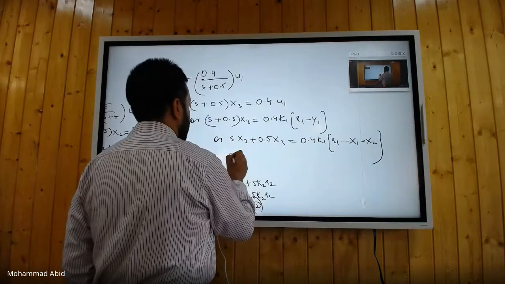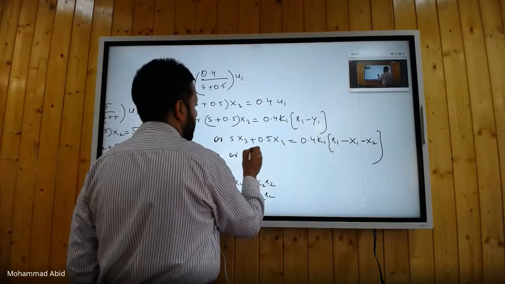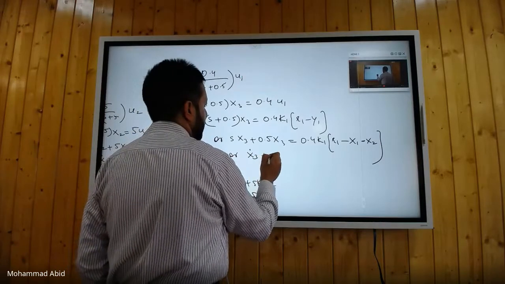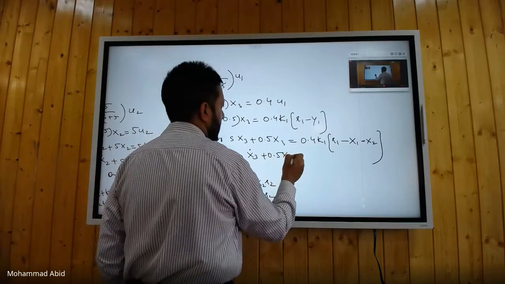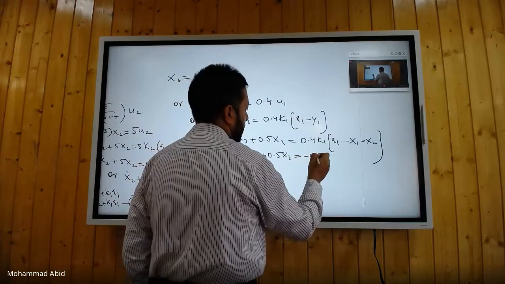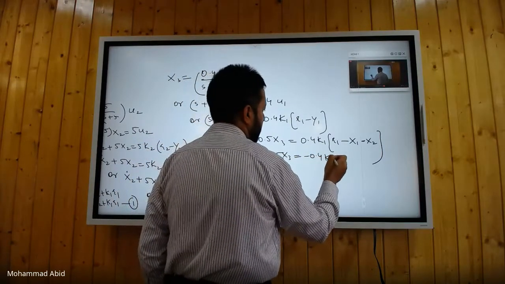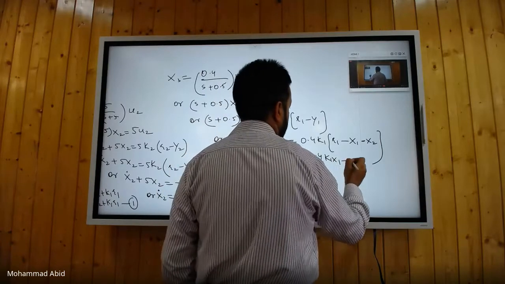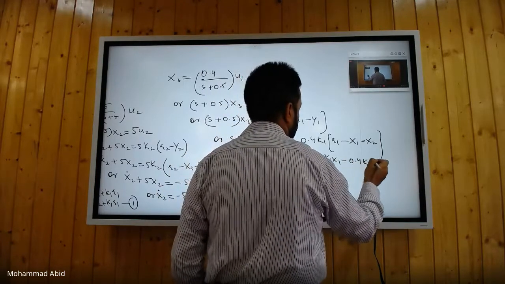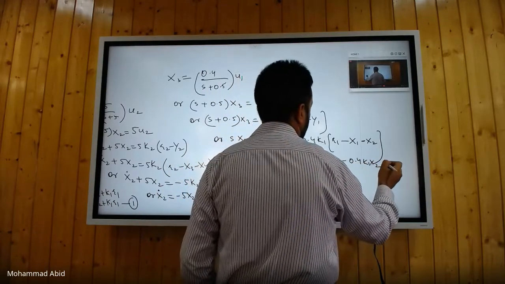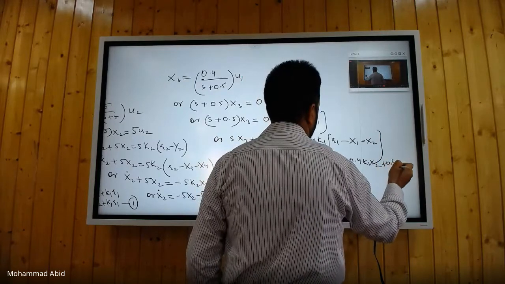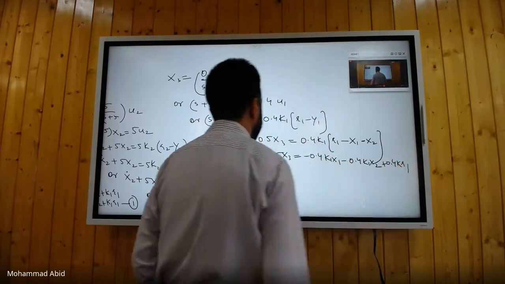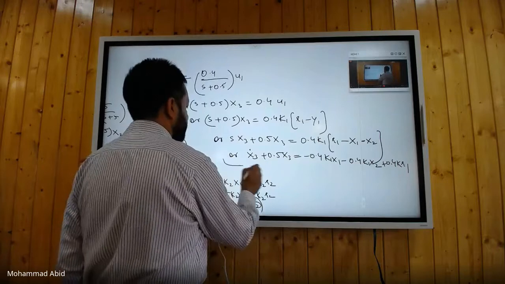Or I can write x3 dot plus 0.5 x3 is equal to minus 0.4 k1 x1 minus 0.4 k1 x2 plus 0.4 k1 r1. ठीक है ना?